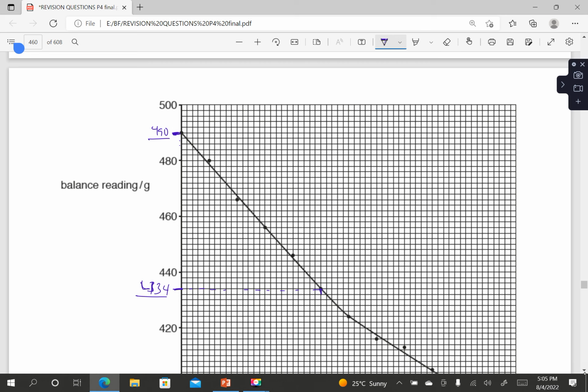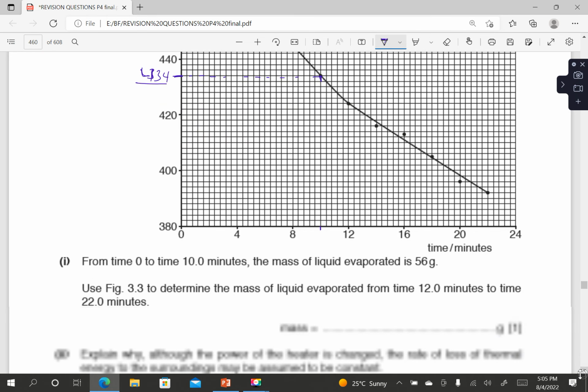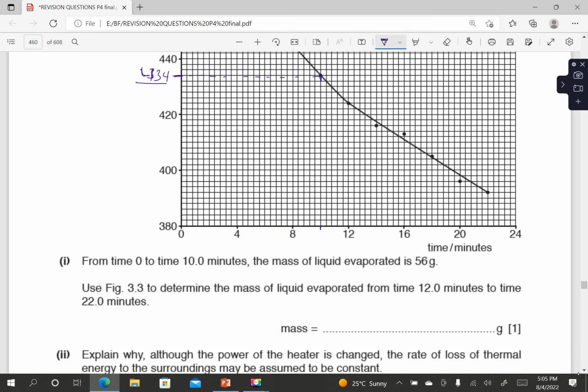Use the figure to determine the mass of the liquid evaporated from time 12.0 minutes to time 22. So let's check 22 first. I think this is 22 in the center. That is 6 times 2, which is 12. 12 plus 380 becomes 392.